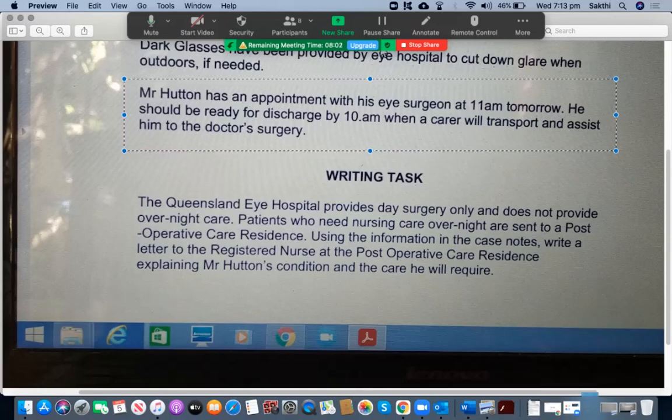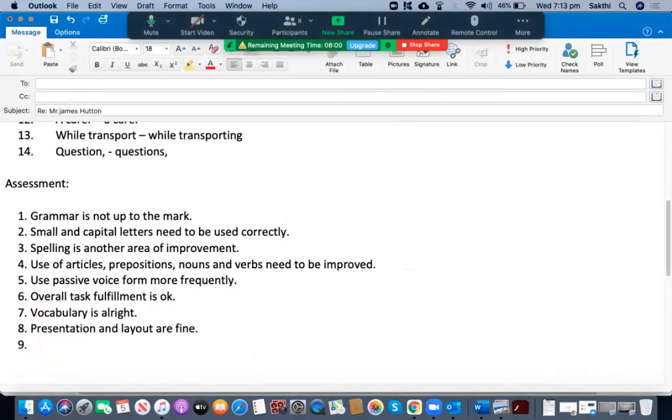Okay. Vocab, more synonyms could have been used, but all relevant case notes were included. I'm happy with those things. Were included. Sorry. So that's a good thing.